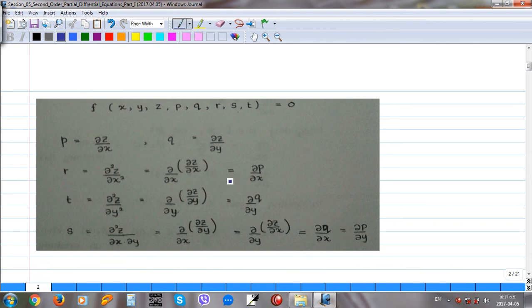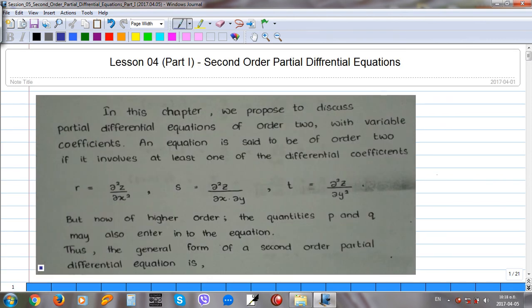So if you know how to substitute these p, q, r, s and convert into the known differential equations, then you can use the methods we discussed in the previous lessons to solve these second order partial differential equations.